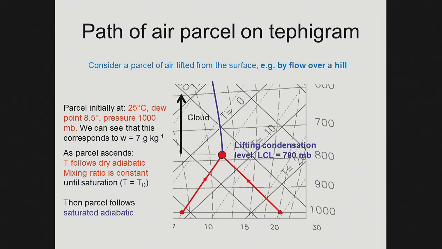As it comes up to 800 millibars, its temperature is about 6 or 7, between 10 and 0. And then, bang, they hit each other, they meet. And where they meet, things change. Cloud forms. There's the lifting condensation level. In this case, it's 780 millibars.